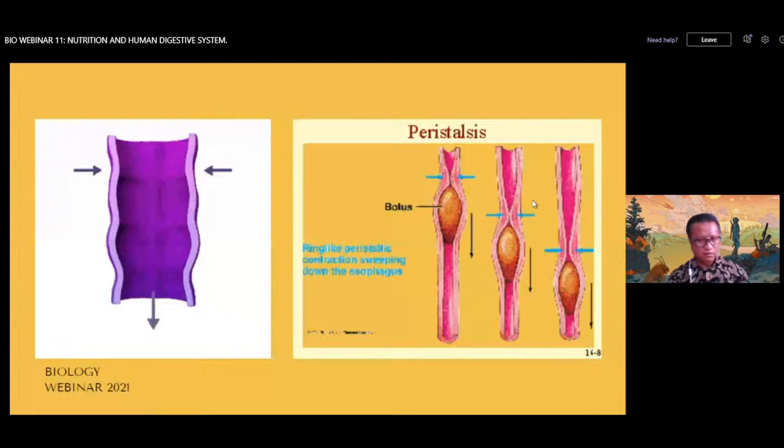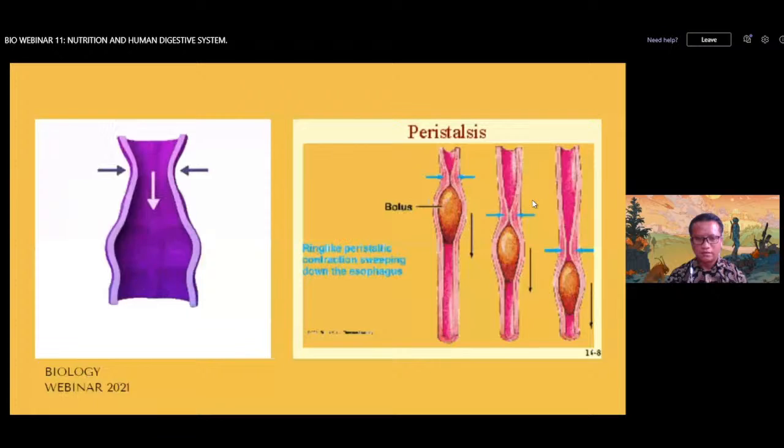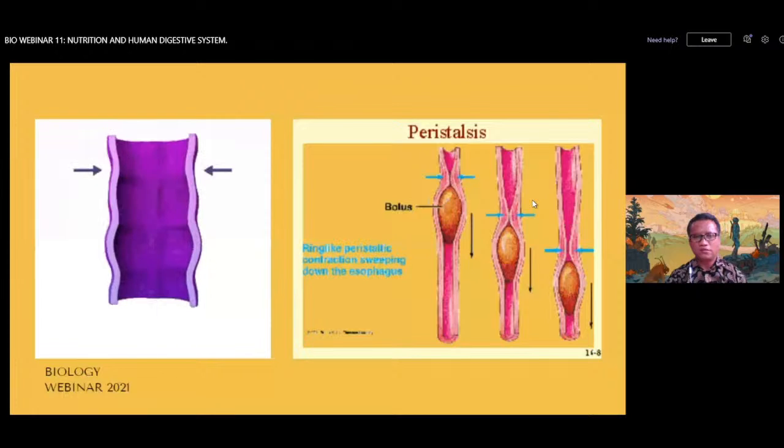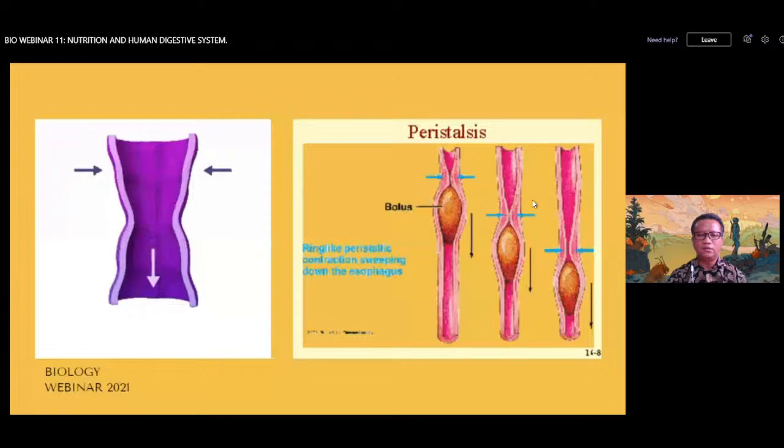Let's take a look. What is the meaning of peristalsis? According to the textbook, it is a rhythmic contraction and relaxation of muscles along the alimentary canal. So the food will move along with the help of peristalsis and go to the next destination, which is the stomach.